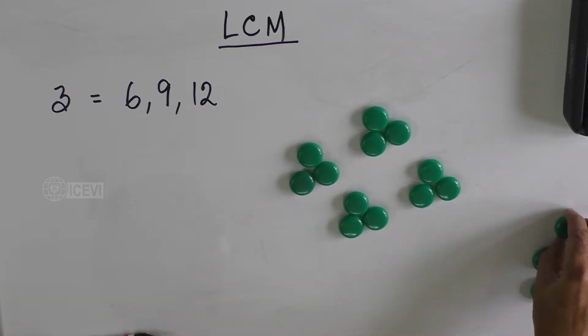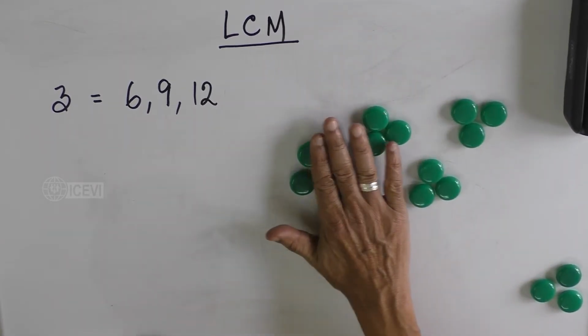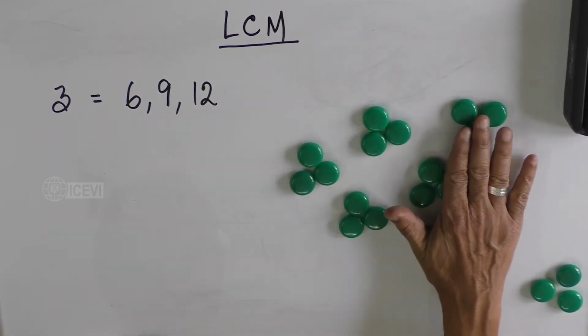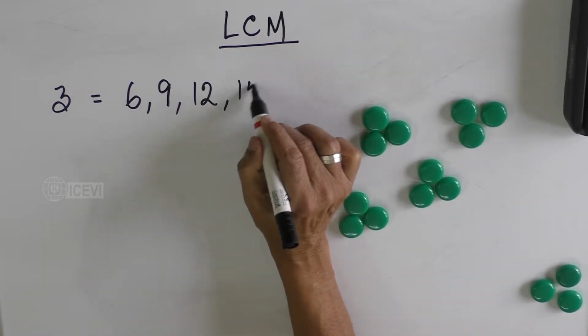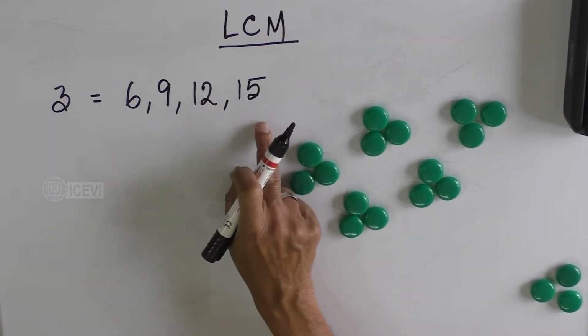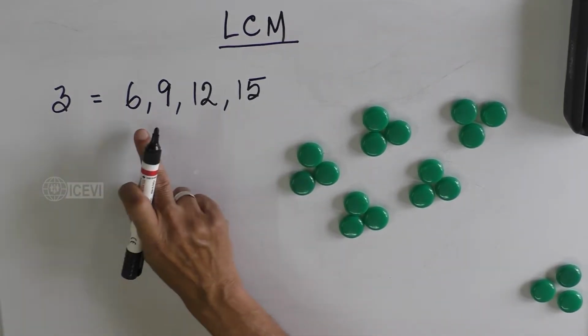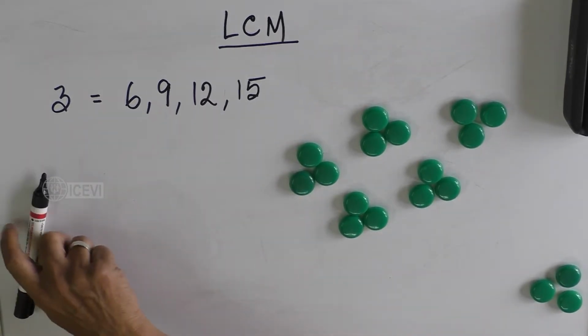What about 15? 15 is a multiple of 3 because there is no remainder. But 13, 14 are not multiples of 3. So far we have got 4 multiples of the number 3. They are 6, 9, 12 and 15.